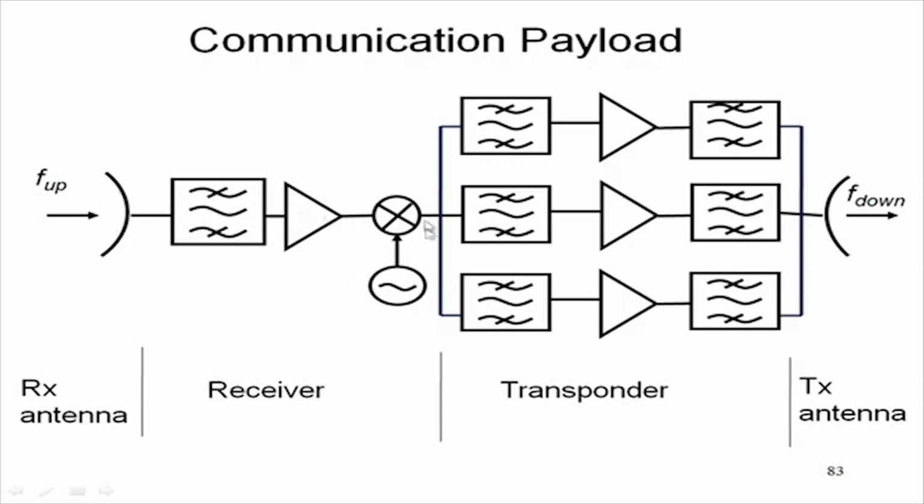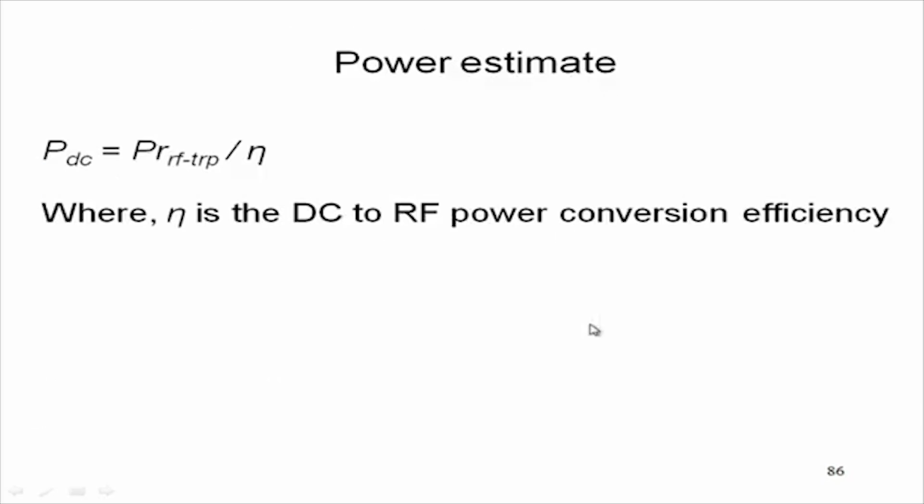Of course, there is a filter here, and after the down converter comes the input mux, where the demuxing actually takes place, and then the amplifiers. I have shown one amplifier, and then the output mux, which combined is called the transponder, and then the transmit antenna, which goes out as the downlink.